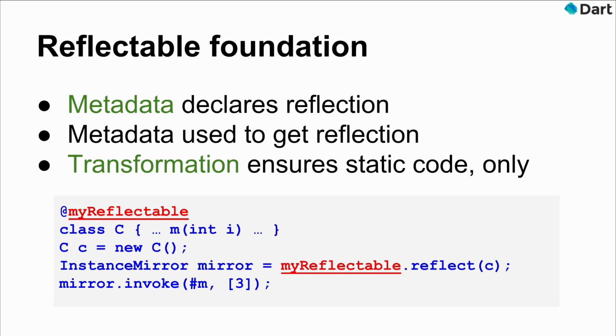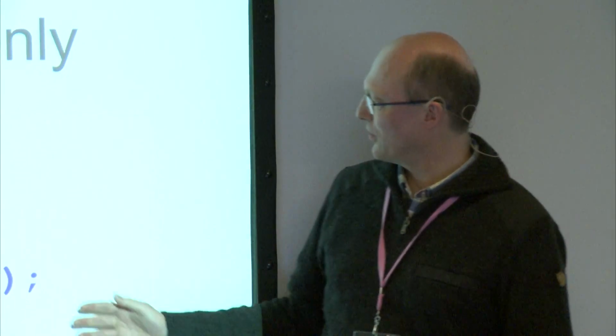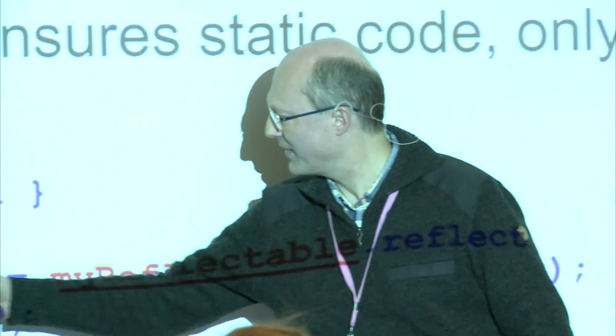So you can see it in the code here, that we want to use reflection with the class C. So we have created this myReflectable object, which contains a specification of a certain level of support for reflection. And then you'd use that to indicate that the class is included in support for reflection, and also to say that this is the place where we go to find the reflect operation to get a reflected version of this particular object, and that is a mirror.